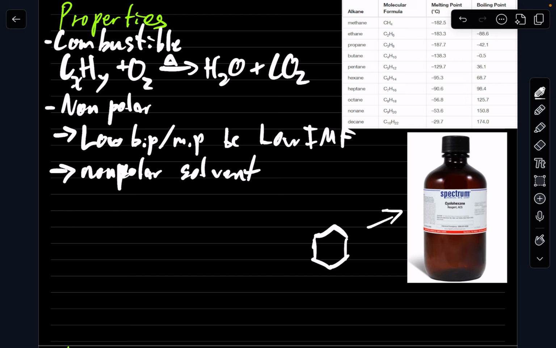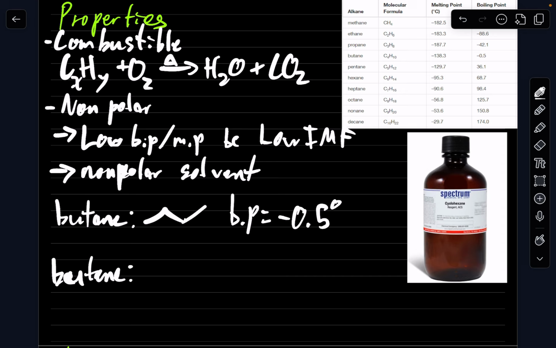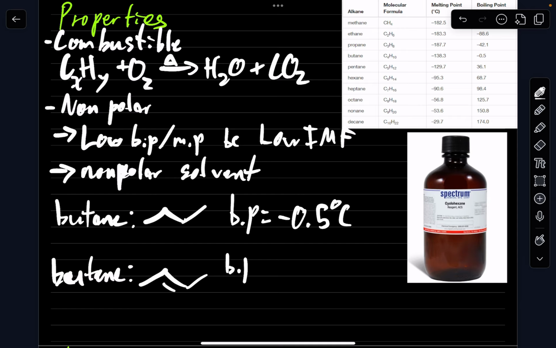And just as an example that might be useful, butane versus butene. Now, butane has a boiling point of about negative 0.5 degrees Celsius, and butene looks like this, which looks pretty similar, but it has a slightly lower boiling point of around -6 degrees Celsius.